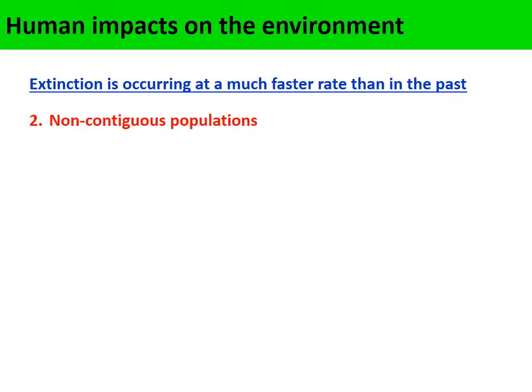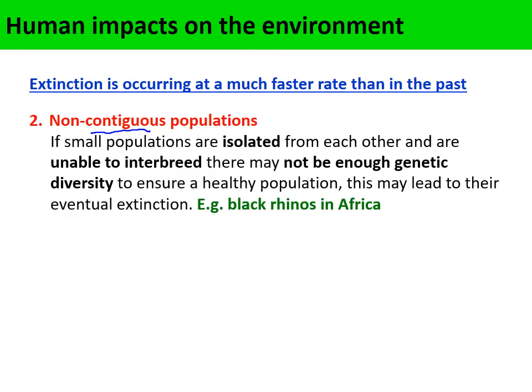So another example of where humans have impacted the environment is the establishment of what we call non-contiguous populations. Now the word contiguous really means continuous. So non-contiguous populations mean non-continuous populations. Now quite often if you've got a small population of a certain species to start with, the small population can be separated and isolated into two or more even smaller populations. And this means that quite often the small populations can't interbreed with one another.